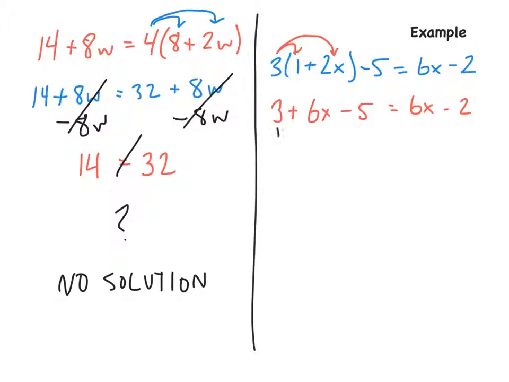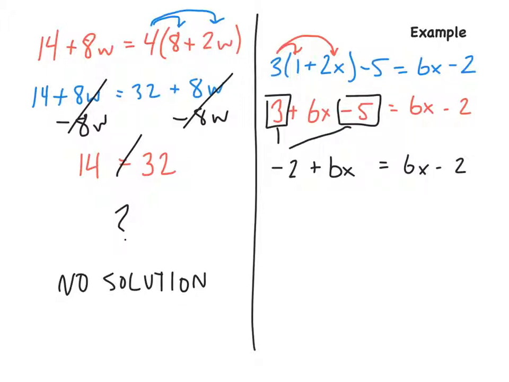So if we combine the positive 3 and think of this as a negative 5, if we combine those, we get a negative 2. So bring down the plus 6x, rewrite everything, 6x minus 2.